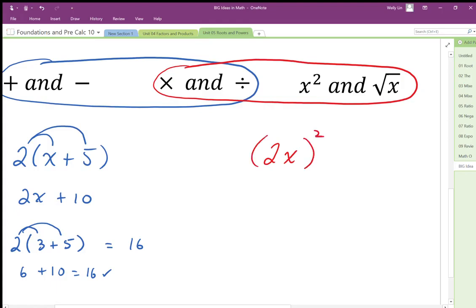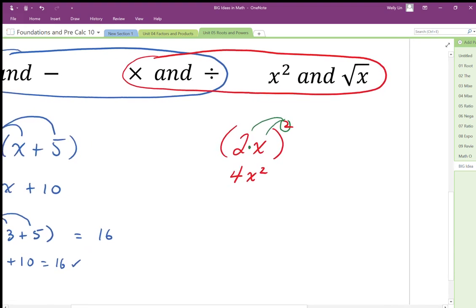If I'm going to square 2x, I'm going to get 2x times 2x, which gives me 4x squared. So I could just do it as multiplication instead of using the math of powers, and use multiplication to verify that we can apply this power. It's very similar to what we did here. We applied the multiplication across the addition; here we can apply the power across times. So it works in a very similar way.